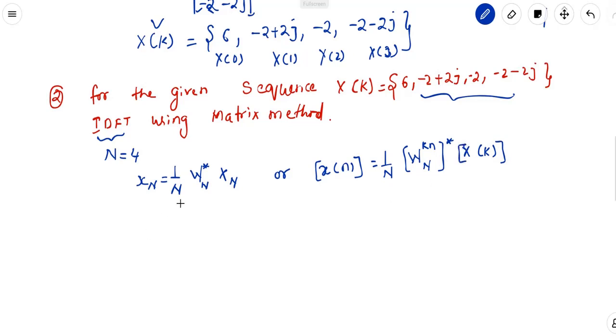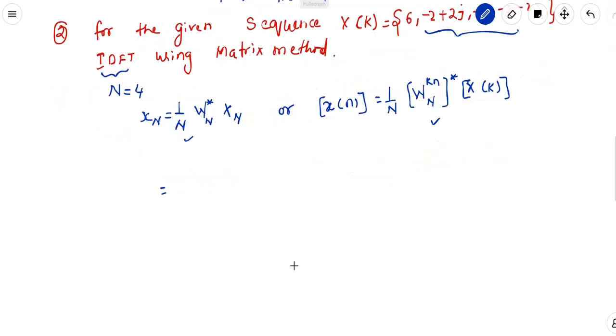So writing this is also correct. In some books they have taken it like this, in some books like this. Both are correct. You can see my video, module 1, lecture 5, that is the last video, where we have done the calculation for the linear transformation, that is the matrix method. So first I will write the matrix for W_N.